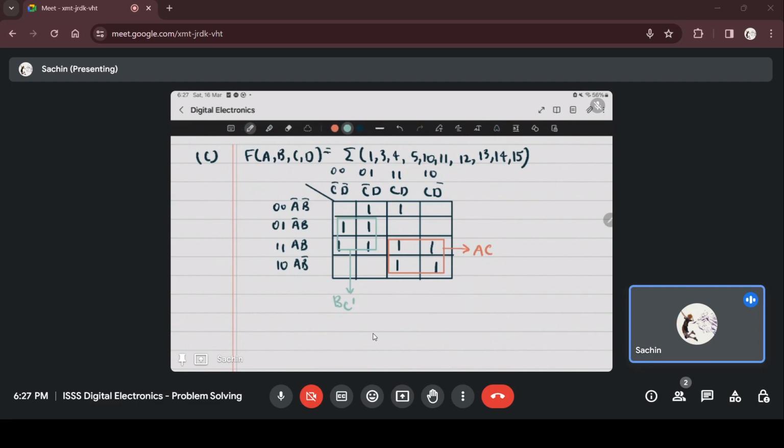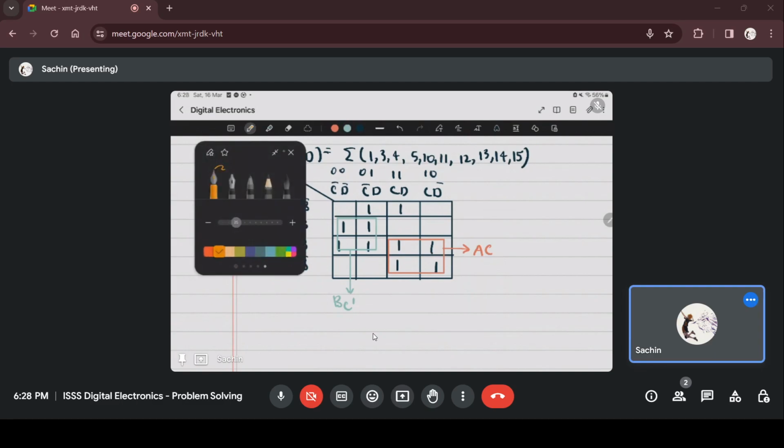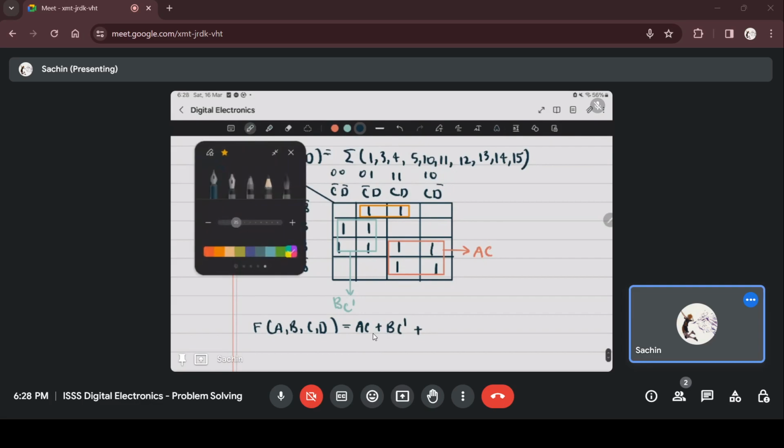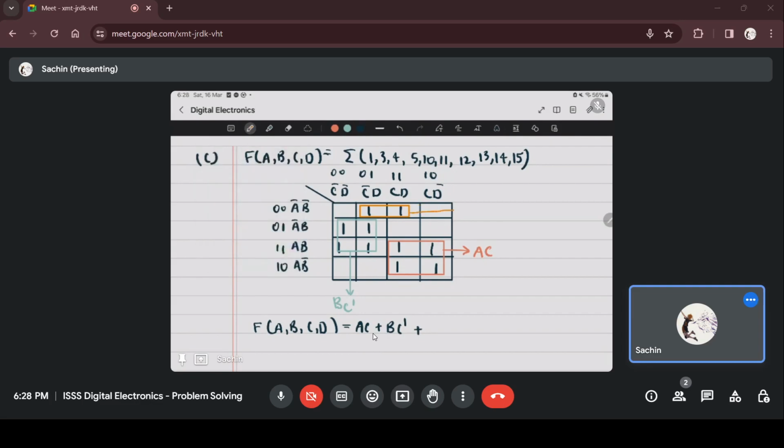One such way will be by forming a pair like that, which will give you f of ABCD equals AC plus BC prime plus that orange group, which is A prime B prime D.